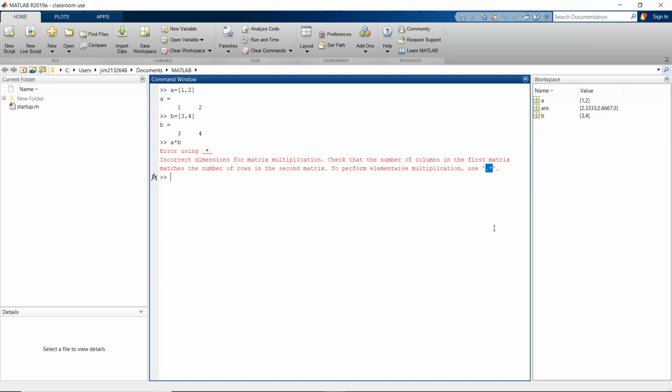MATLAB stands for Matrix Laboratory. So it does matrices. It's designed to do matrices. It's not designed to do regular calculations as well. That's why you're wondering, why doesn't it just do regular calculations, like a regular multiplication sign?